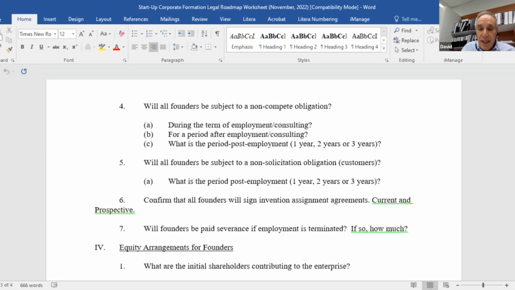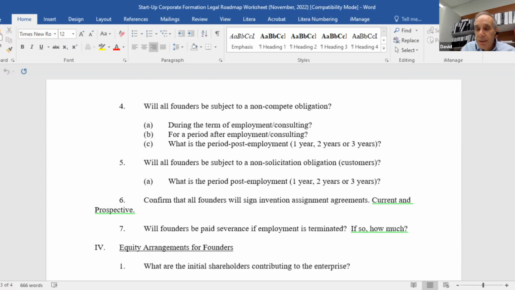And extremely important is item 6, which is that it's incredibly important that the founders all agree to assign inventions that they have. Both when we form the company, they assign relevant inventions to the company, and importantly, as the company moves forward in their employment or consulting arrangements, they are also assigning the inventions that they create in the course of performing the services.